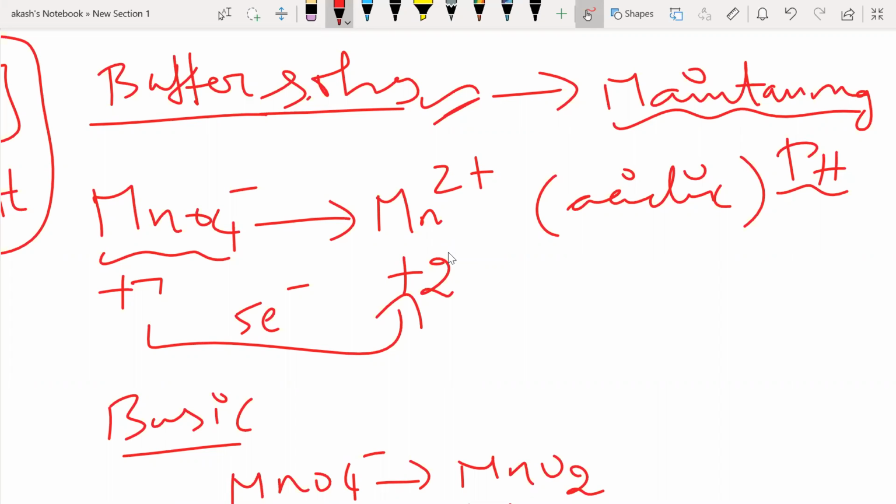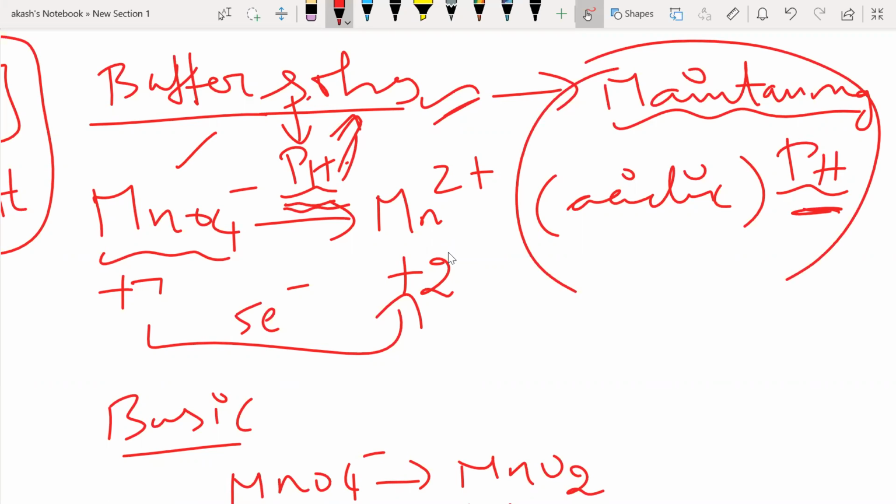So pH can be controlled by controlling the pH of the buffer solutions. I'll tell you how we are going to control it. Whatever is the buffer solution's pH, that will be the reaction's pH also, right? So you will be able to tweak it, right?